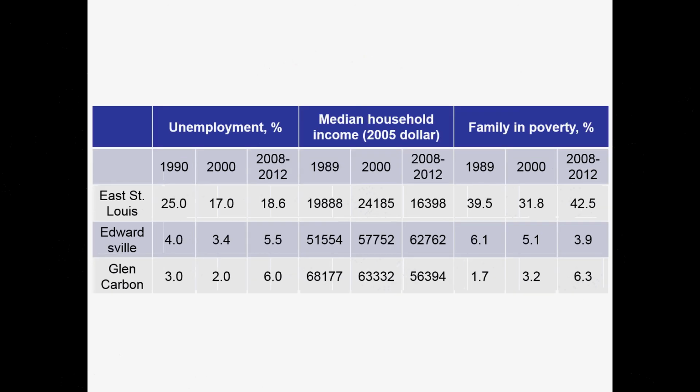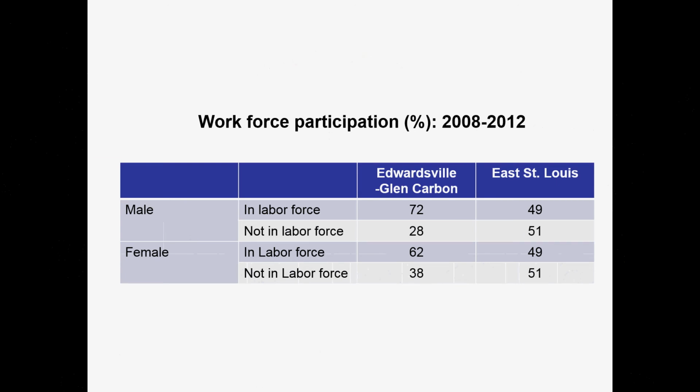Okay. Unemployment rate is very high in East St. Louis, but low in the Edwardsville, Glen Carbon area. Median household income, you see a clear contrast between East St. Louis and the Glen Carbon and Edwardsville area. Percentage of families in poverty, a very, very clear contrast. Workforce participation for males in Edwardsville and Glen Carbon is 72% versus 49%.